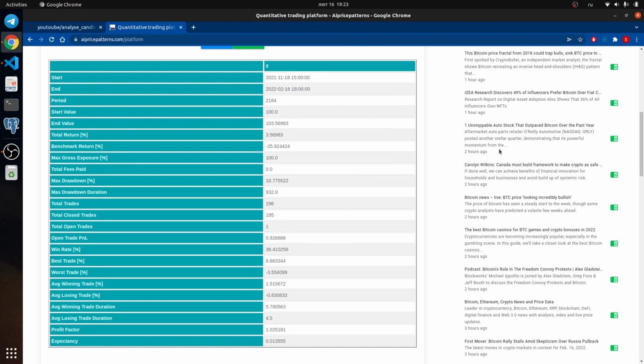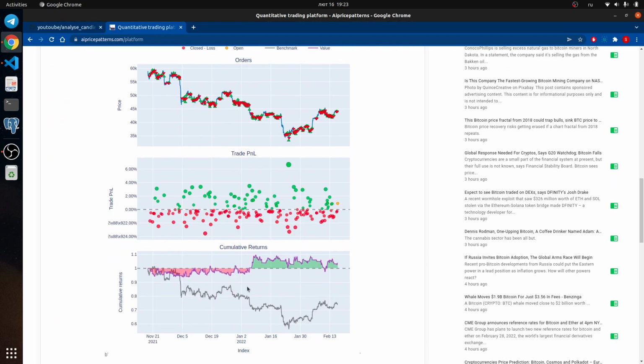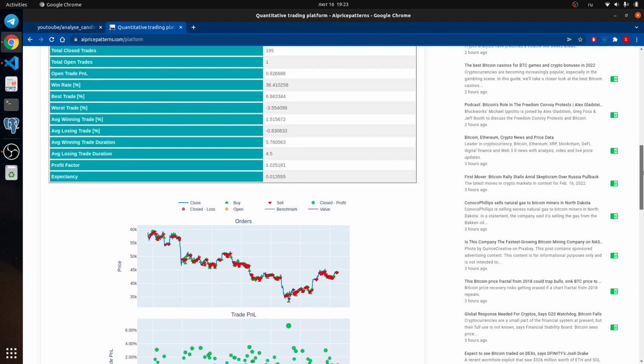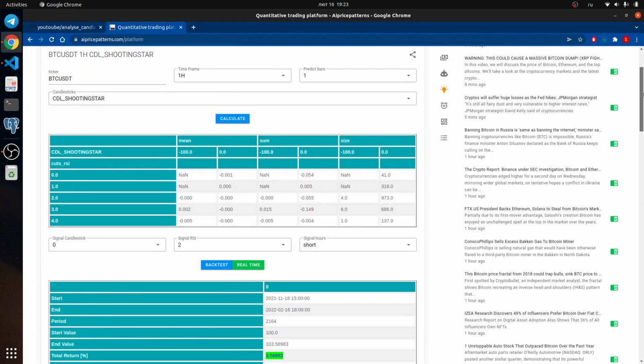Let's do a backtest. Total return for the last 90 days, and you could see what the time range is. Okay, but the profit line is not good for me. We should maybe analyze a different situation.